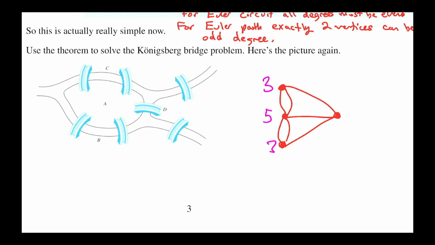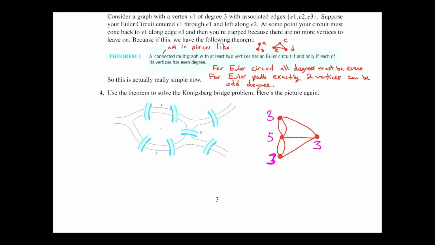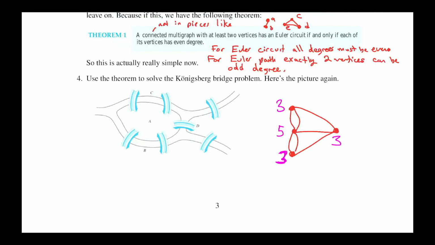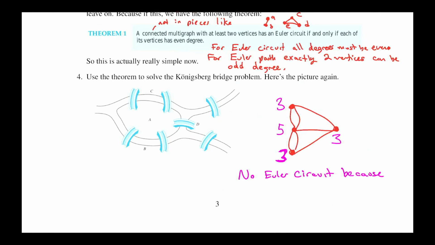You already know it's unsolvable because we have 3 odd. So using our theorem that we have up here now, which tells us when you have an Euler circuit, we can say no Euler circuit, because they're not all even.